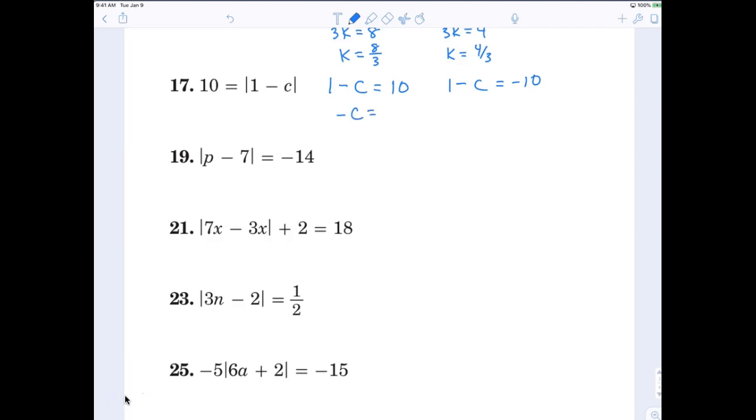And that equals negative c equals 9. Good job. So c equals negative 9. Remember, the negative variable just means change the sign. When the variable is negative, that means change the sign.